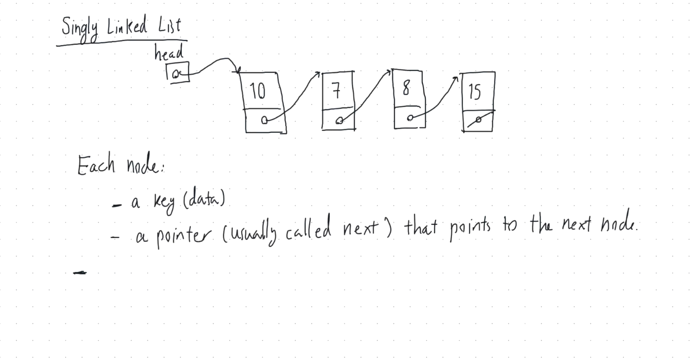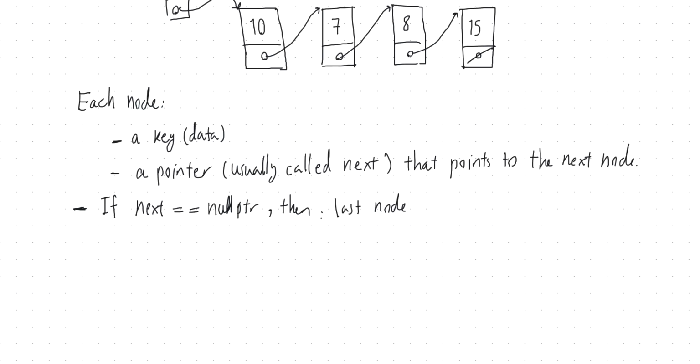So if next is null, then we are at the last node of the linked list because there is no next. Okay, that's one important aspect, and it's kind of intuitive. It makes sense.